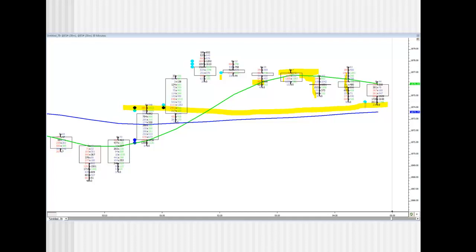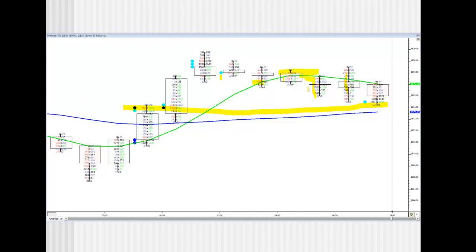Notice I get heavy participation again. This is not by chance or by accident or a coincidence. These are the heavy players. These are the levels they're participating at, and they tend to influence the market at these levels that they come in, and that's why it behooves us to pay attention to those levels.